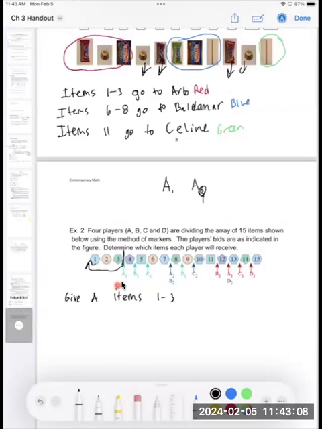Now I can erase A. She's gone. We've already given her her things, so we don't have to stress about giving her a share anymore because we already gave one to her.